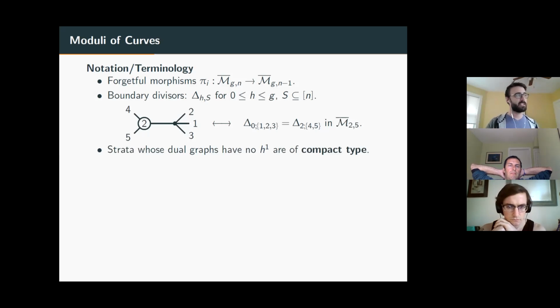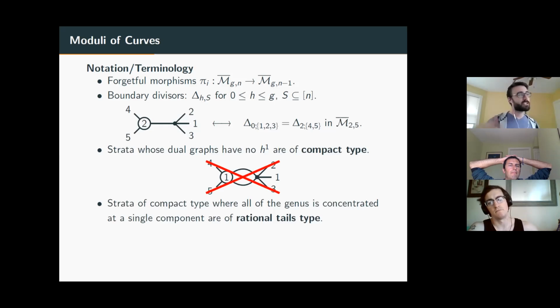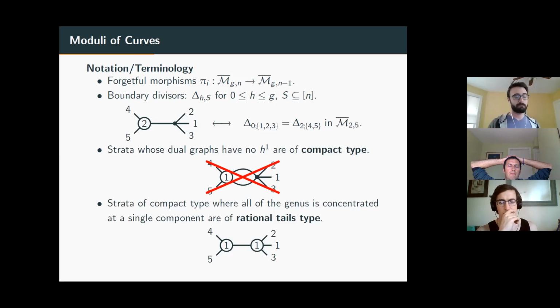Okay, some more terminology. Strata whose dual graphs have no H1, so have no cycles, are said to be of compact type. This strata is not an example because it has a cycle in it. So this is not of compact type. And then strata of compact type where all the genus is concentrated in a single component is said to be of rational tails type. And so again, here's a non-example.